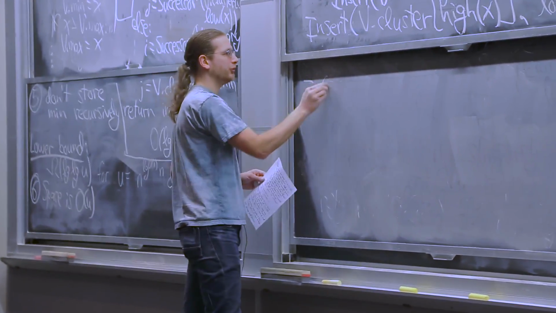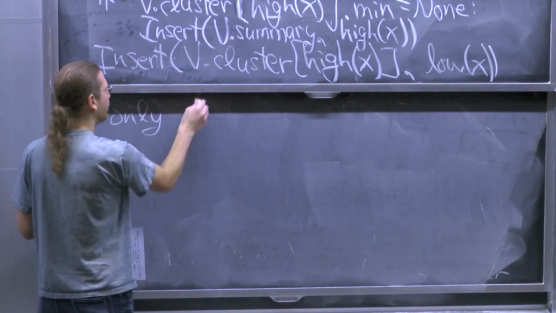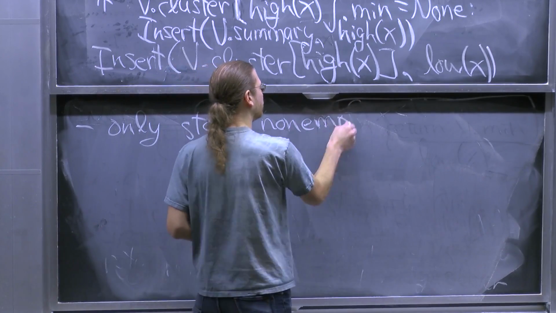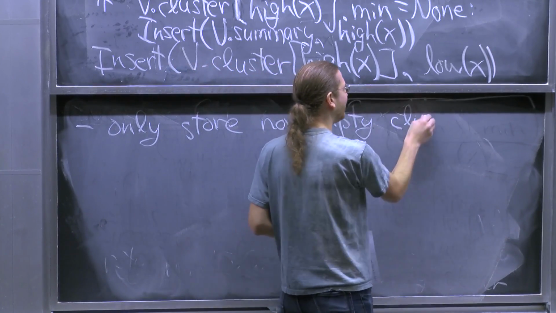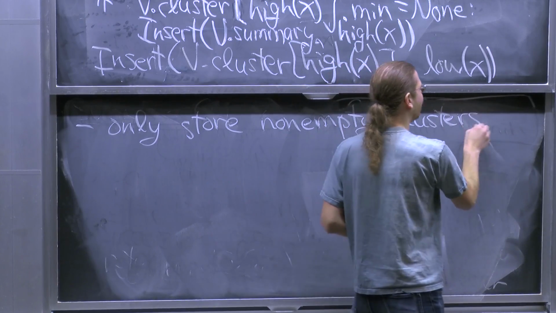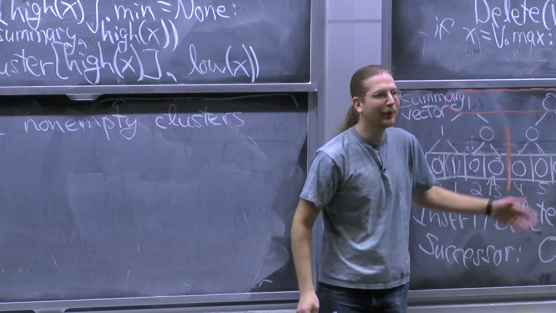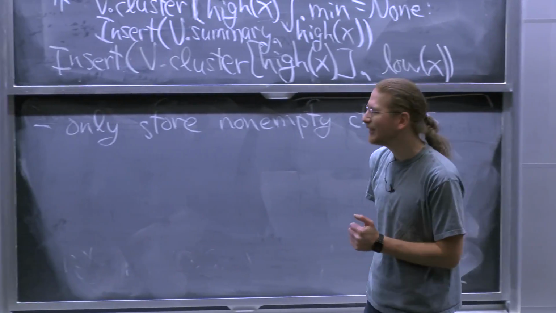The main idea here is only store non-empty clusters. Pretty simple idea. We want to spend space only for the present items, not for the absent ones. So don't store the absent ones.